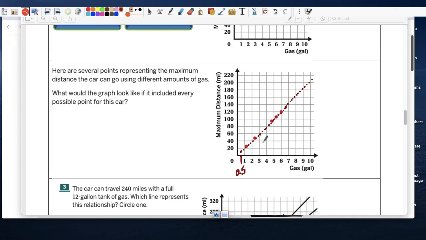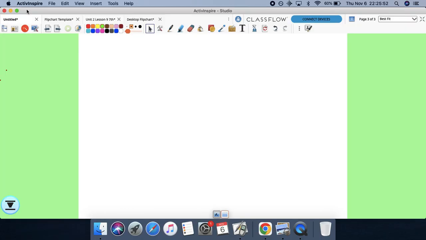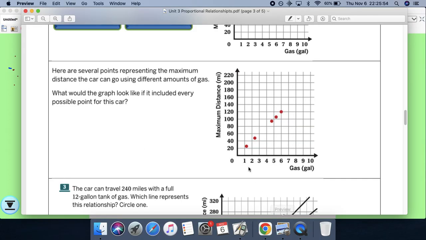Instead of doing that, why don't I just get a ruler and draw a straight line? In this case, it makes sense to draw a straight line. It's not working. Every time I have to move, I have to go back here.